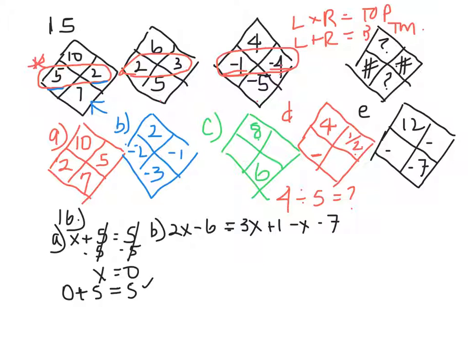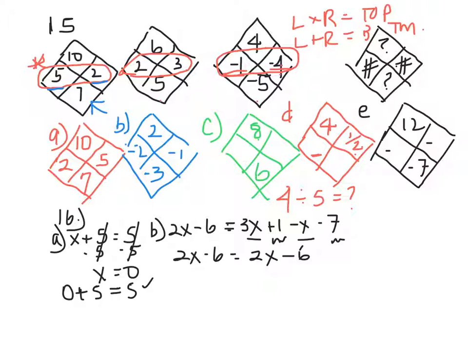Before we do that, we need to combine our like terms, because over here I have two x's and also two numbers. So 2x minus 6, that's fine, but 3x minus x only leaves me 2x. And 1 minus 7 means minus 6, right? Positive 1 minus 7 is minus 6.